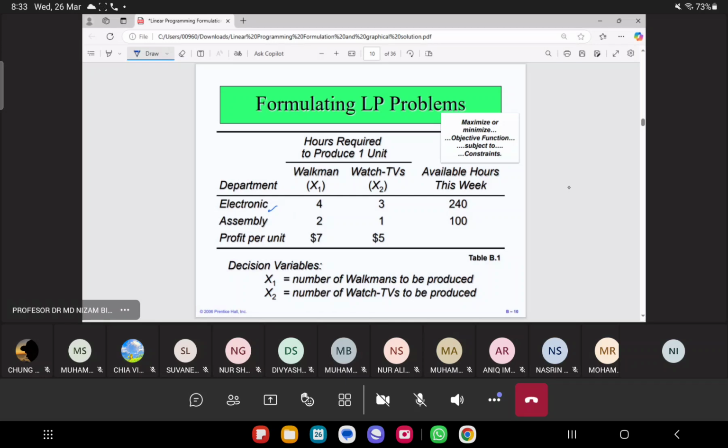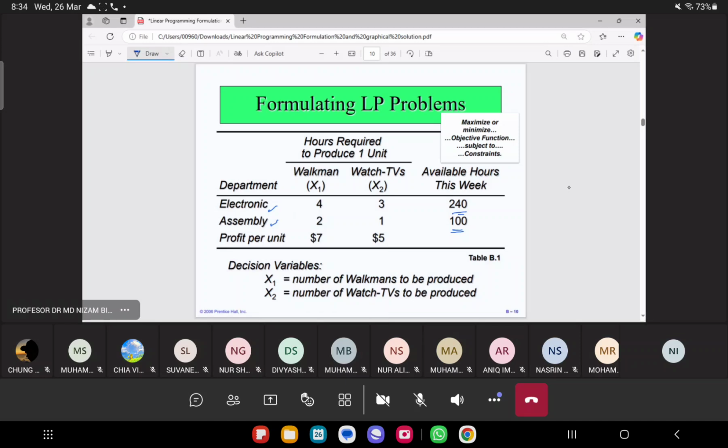They have an assembly department; this is the man hours of the assembly department. In the electronics department, the available hours for this week is only 240. And in the assembly department, the available hours to be utilized is only 100 hours. Okay, so those are the constraints.